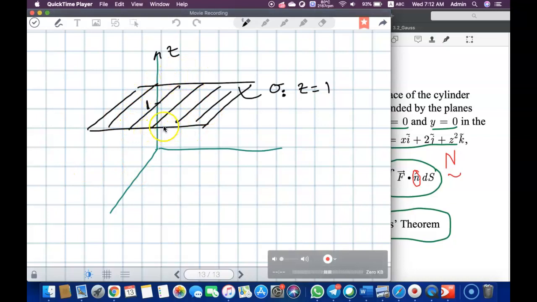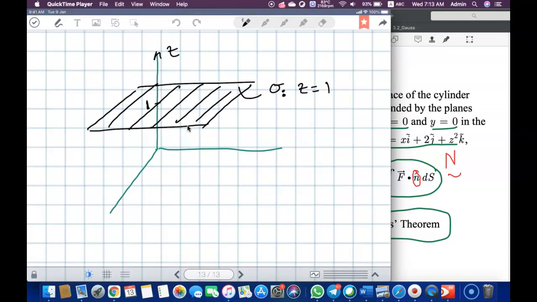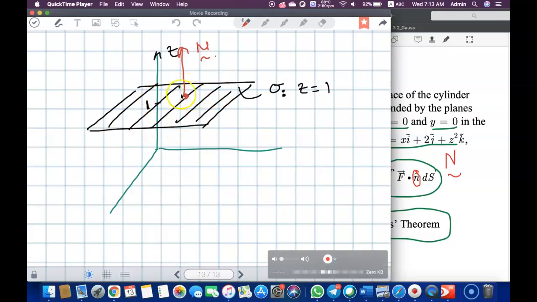Since it is an open surface, it is quite hard for us to determine n when you say that n always points outward to the surface. Why? Because it is open. Look here. Let's say I draw this arrow, and as we know the normal is always perpendicular to the surface.